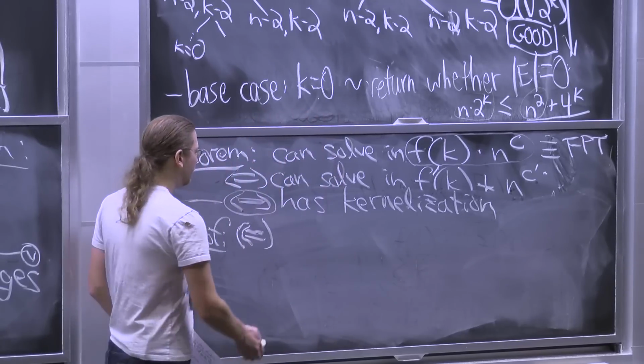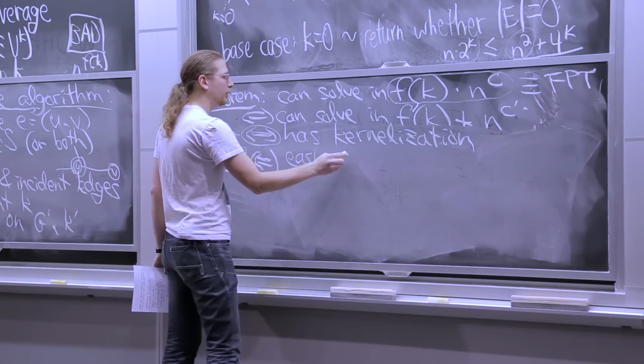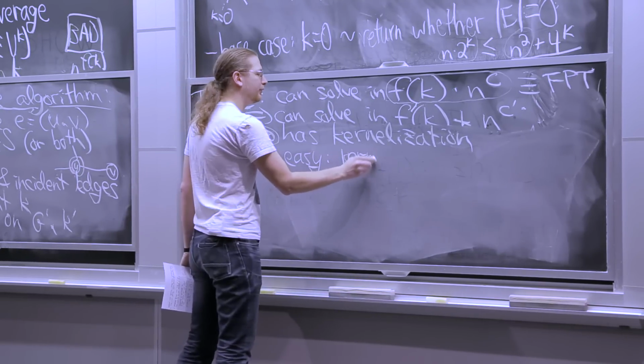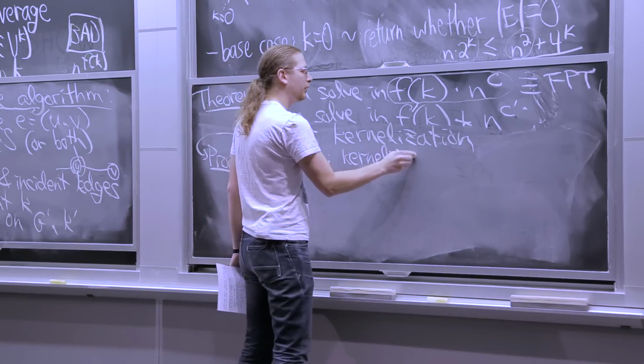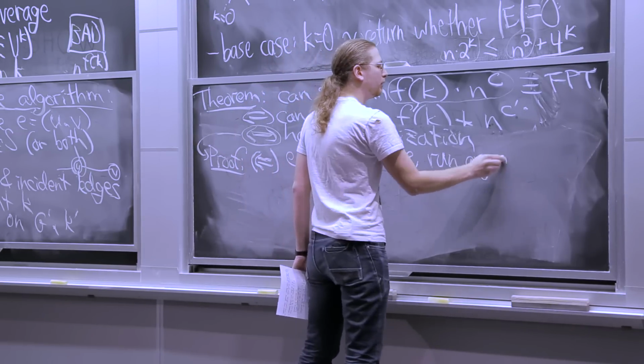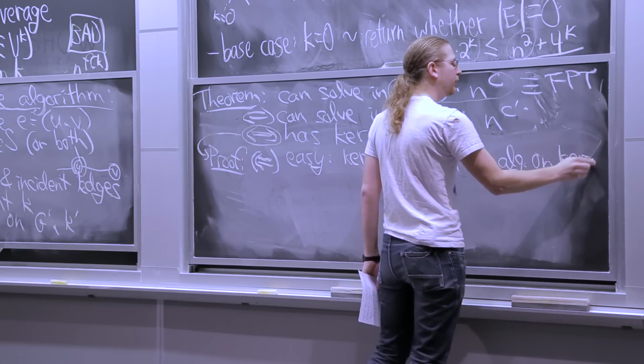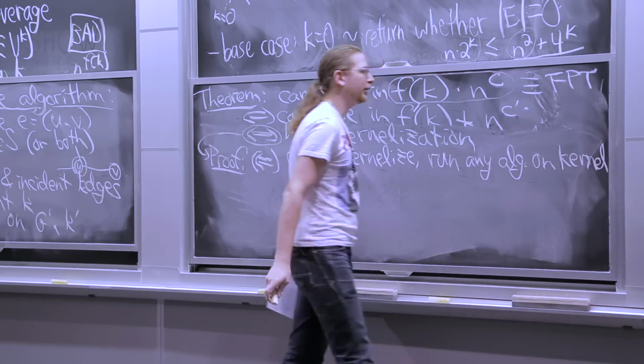So this is easy. Kernelize, and then run any algorithm on the kernel. The kernel is the produced output x prime, k prime.